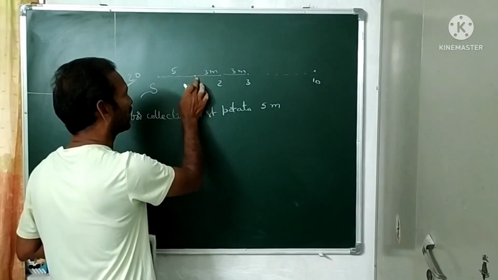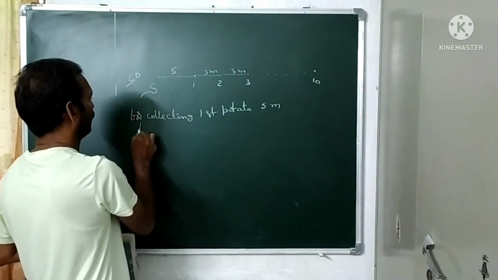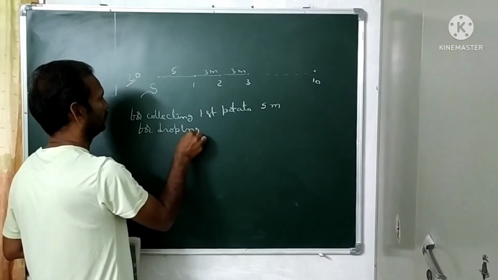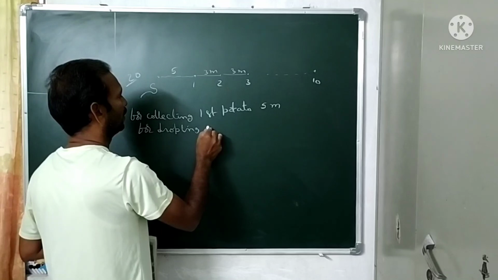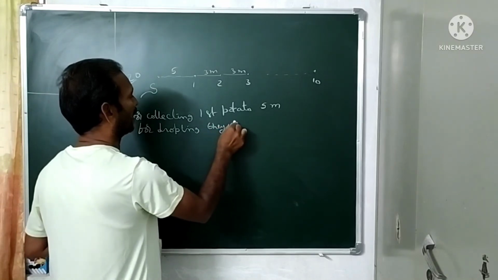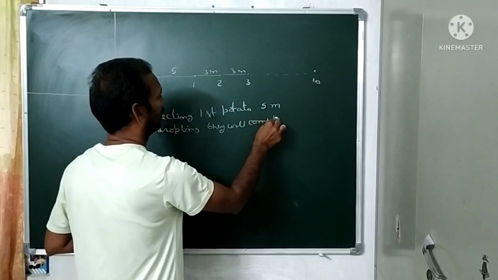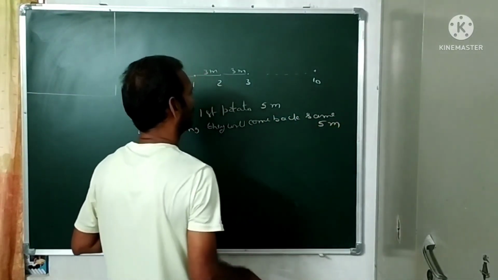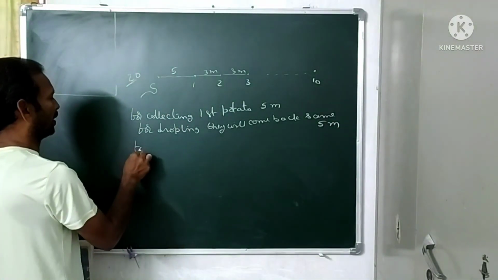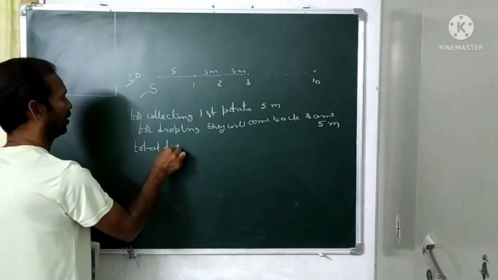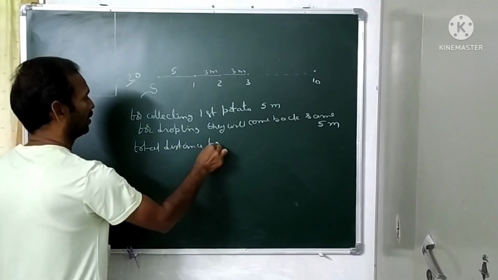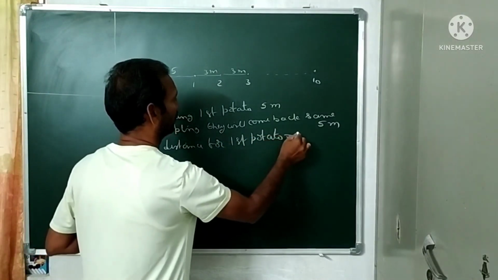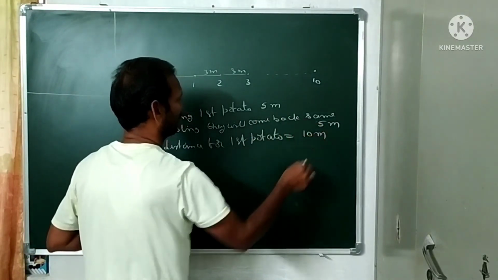From there they will come back for dropping, same 5 meters. So total distance for the first potato is 5 plus 5, 10 meters.